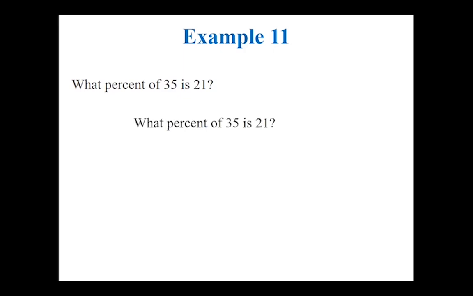Step 1, take what we have, translate it. What percent is n? Of is multiply. 35 stays 35, is becomes equals. 21 stays 21.